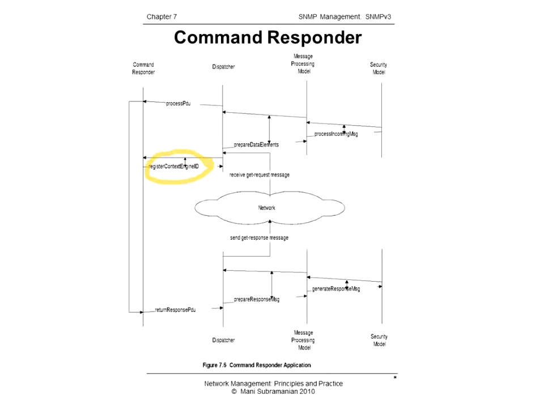Now this set of processes is presented in the top half. Now once the request is processed by the command responder, it prepares the get response message as shown in the bottom half.